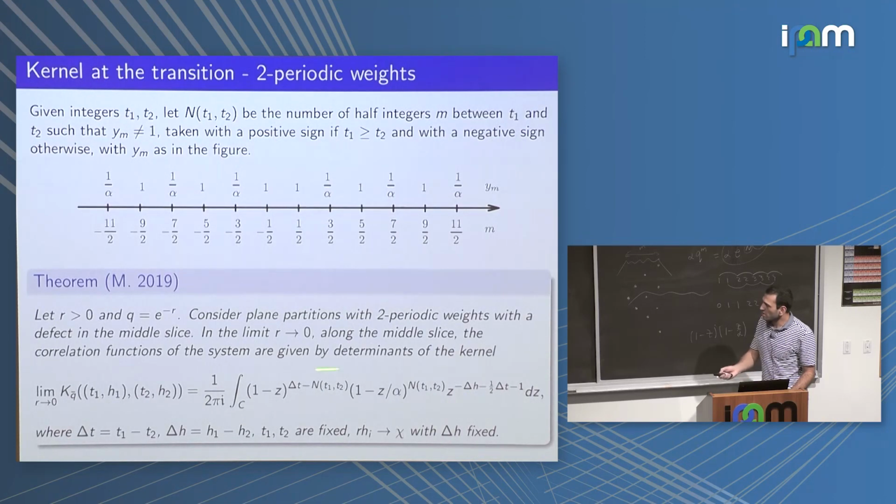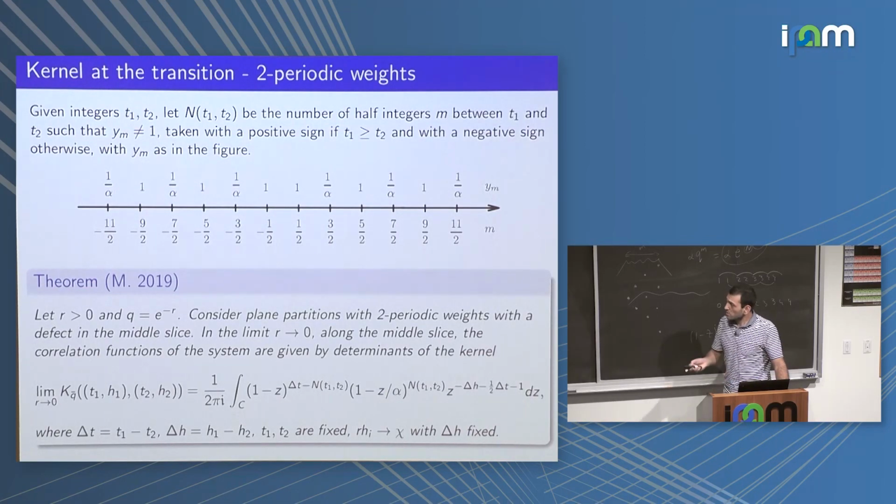So we're going to see kernels where instead of 2, you have k different terms like this for any k when we go to k-periodic weights. But in the other cases, it's going to be translation invariant over here. This is the case when it's not translation invariant.